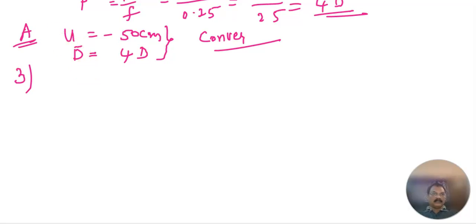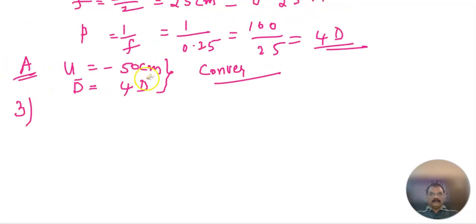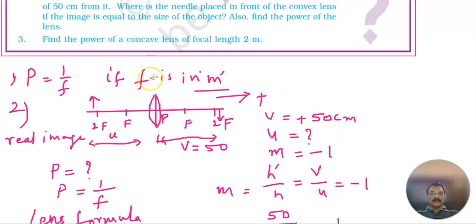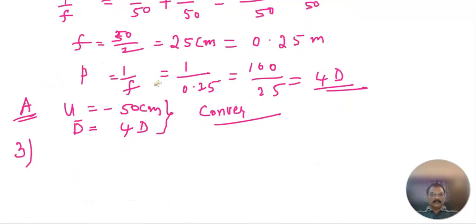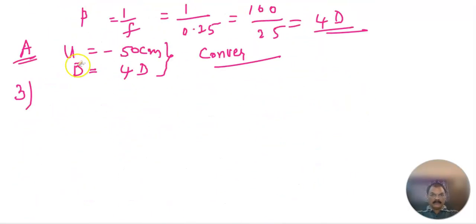Let's draw this rough diagram over here showing the power of a concave lens. The focal length is given as 2 meters.